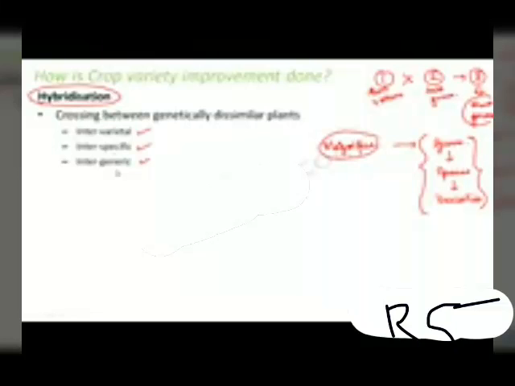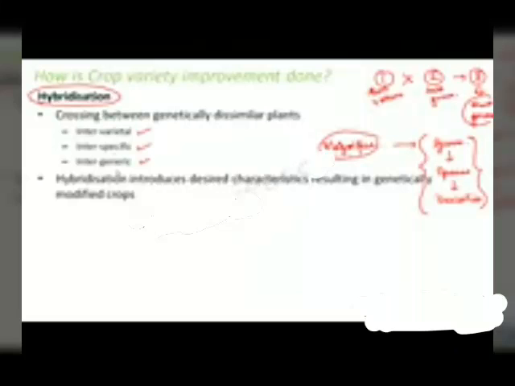We actually use hybridization. Depending upon what we want, we decide which plants the crossing is to be done between. Clear? Okay. So hybridization introduces desired characteristics resulting in genetically modified crops. So basically we are bringing out some modification in the same crop, right?